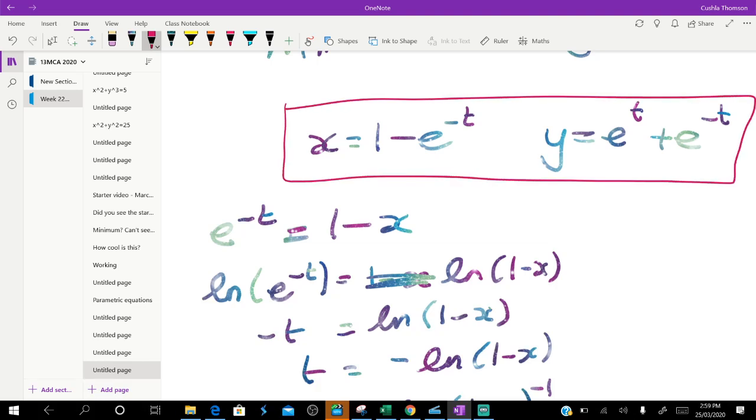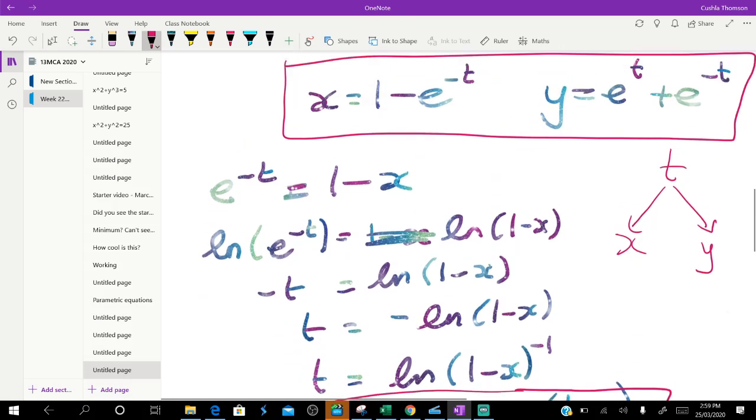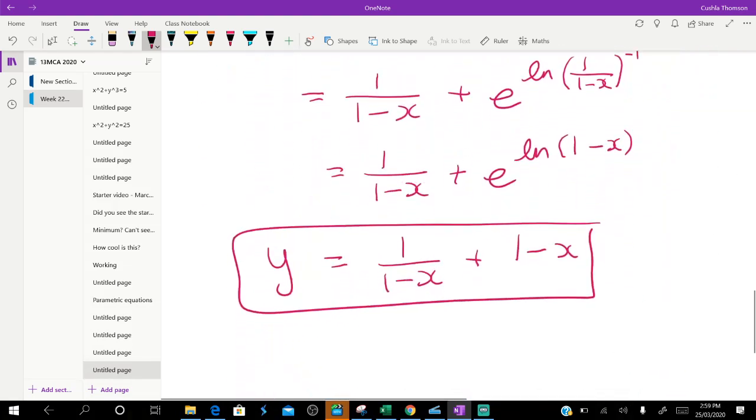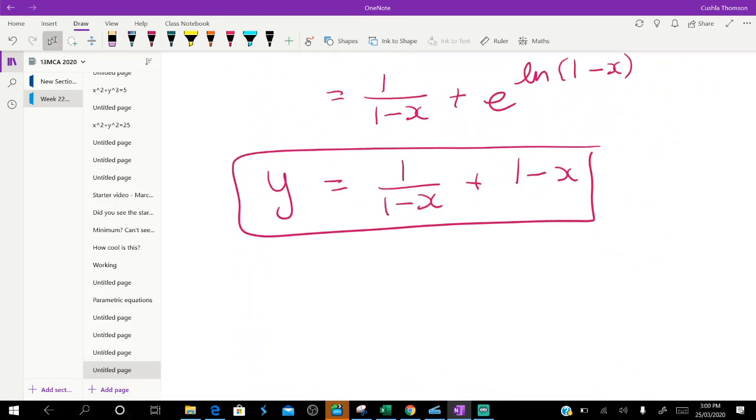Incredibly useful because as I change t, I change x and I change y. So that's really good, except that it's really hard to visualize what it looks like. So by doing this thing where I've made t the subject, I've managed to get it back into a normal Cartesian plane curve. So I guess what I wanted to know when I've done this is, what does it look like? And does it look exactly the same as in Geogebra?